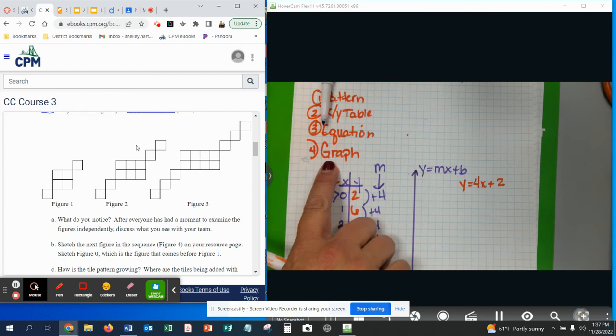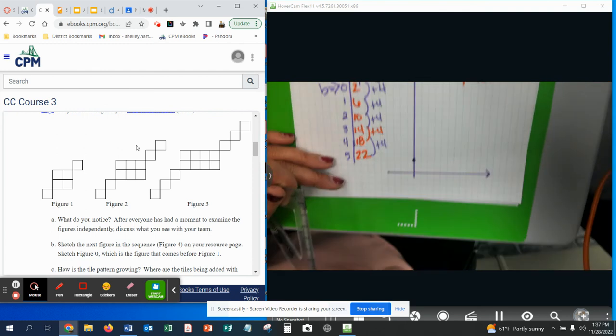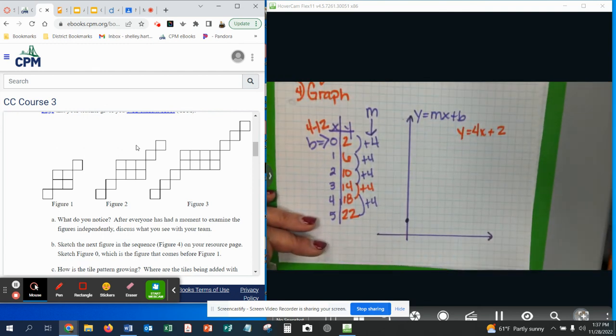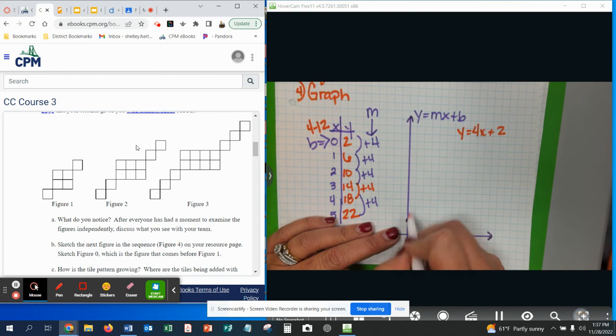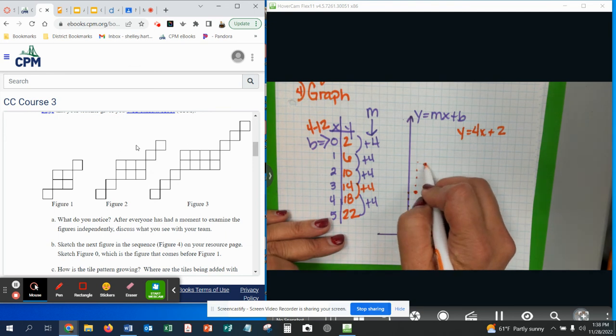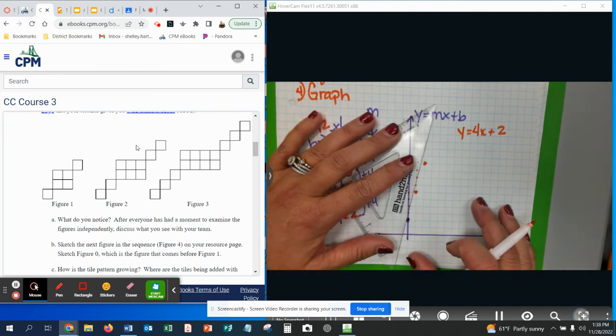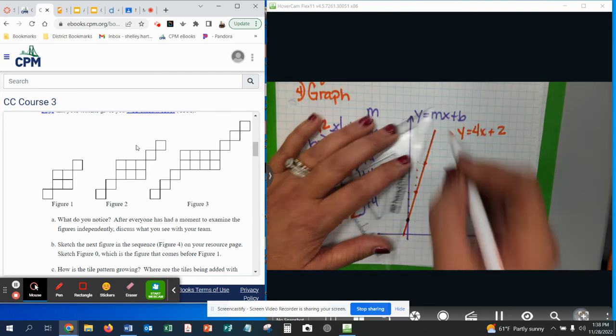The last part is we're going to need to graph it, right? So I've got my graph here, right? I'm doing quadrant 1. I'm starting at 2, 0 and 2, and then I'm going to go up 4, 1, 2, 3, 4, and over 1 dot. I could go over 1 and up 4. Either way, same thing. I'm going to go up one more time, 1, 2, 3, 4, and over 1 dot. And that is the first one.